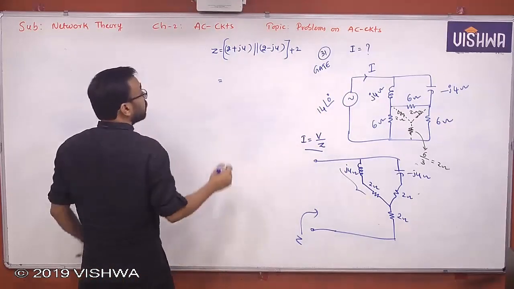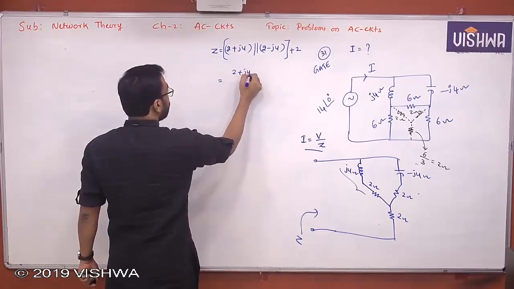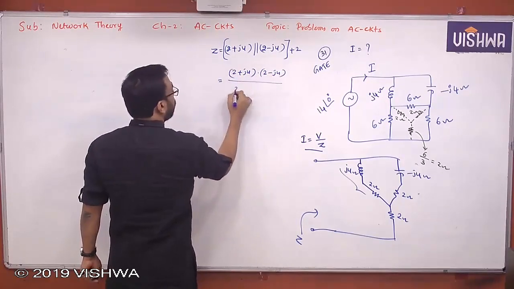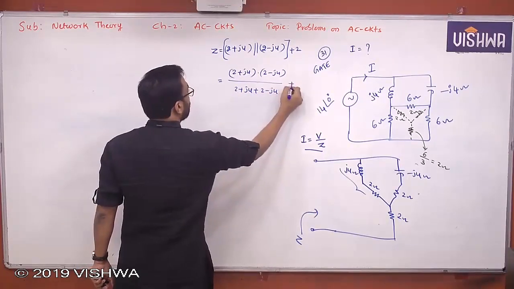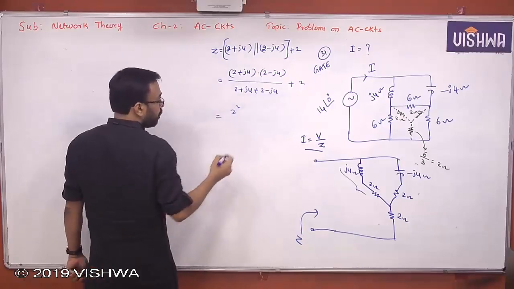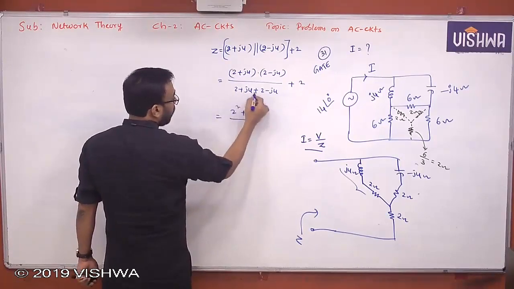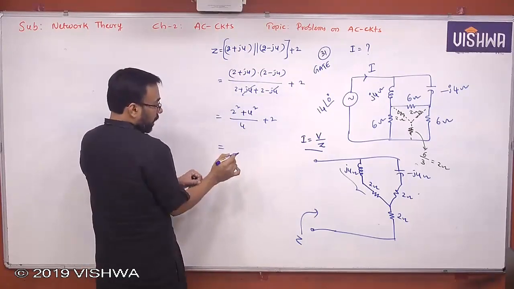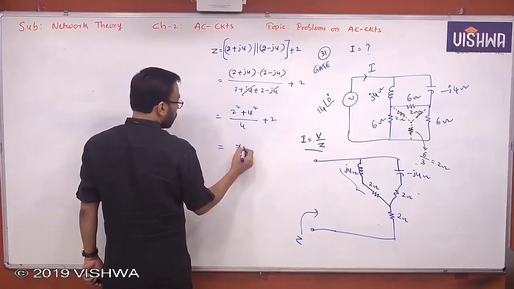So what do you get here? 2 plus J4 into 2 minus J4, divided by 2 plus J4 plus 2 minus J4. That is 2 square plus 4 square by, these two got cancelled, 4. So 16 plus 4 is 20, 20 by 4 is 5, 5 plus 2 is 7 ohm.